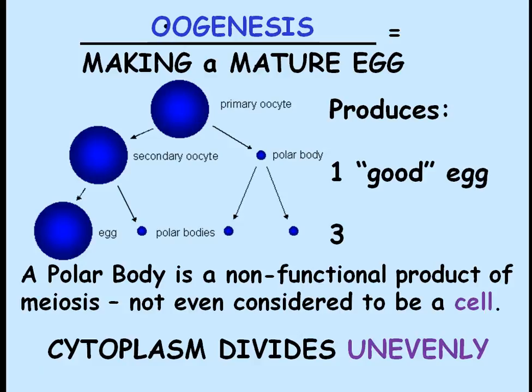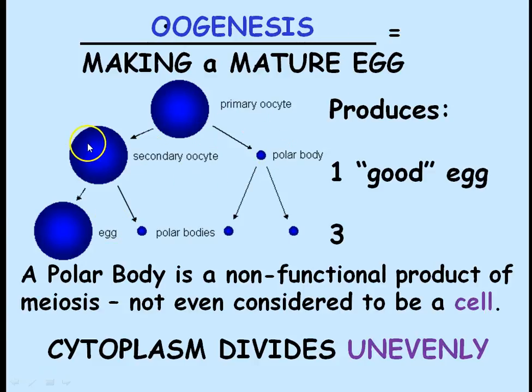All the cytoplasm will be given to one cell during both processes of cytokinesis. You can see in the first split, all the cytoplasm is going to go to this cell, and very, very little cytoplasm will go to this smaller cell.